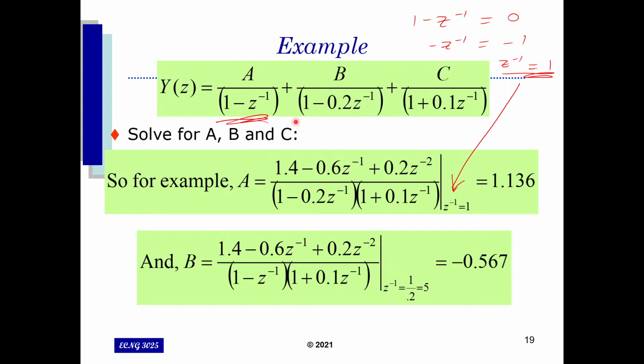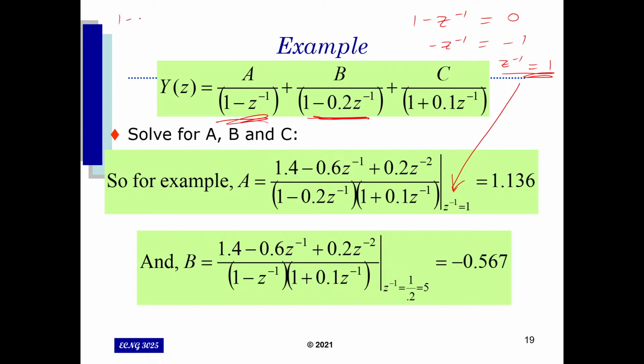And we did the same method here for B as well. In this case, the denominator terms that are not associated with B were this 1 minus z to the negative 1 and 1 plus 0.1 z to the negative 1. And then, to figure out what's going to be the value of z to the minus 1 here to substitute in for B, we just let 1 minus 0.2 z to the negative 1 equal 0. I'm going to do the work in here for you. So we're going to be solving for B here.